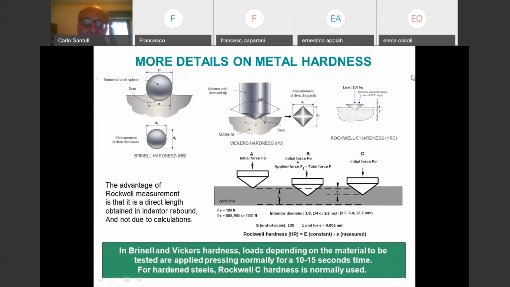The Brinell and Vickers are useful because they are very quick to perform as tests. Not very quick to take the measurement, because then, in fact, you need to measure.